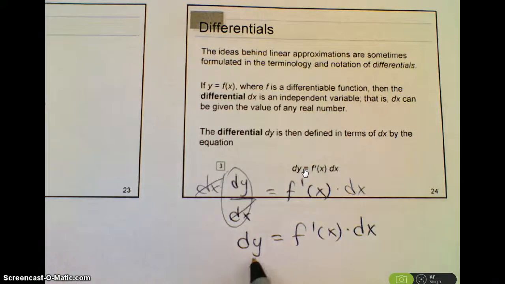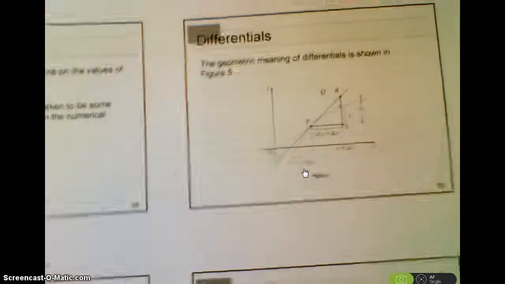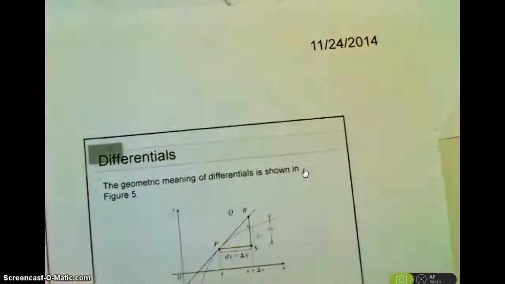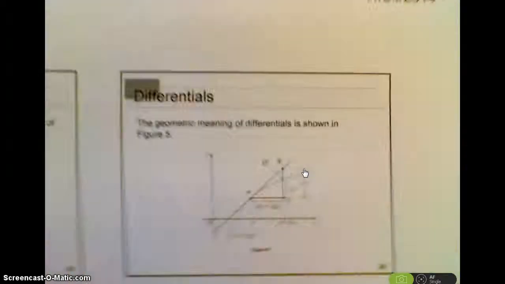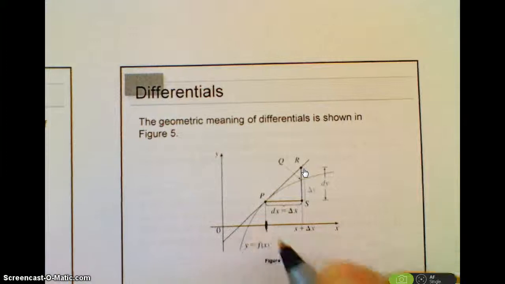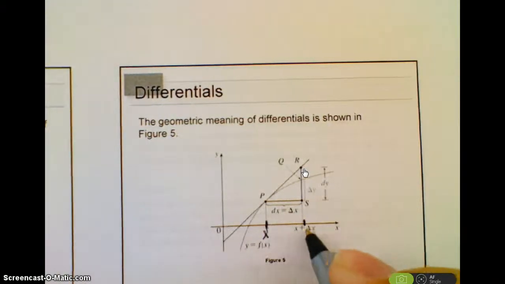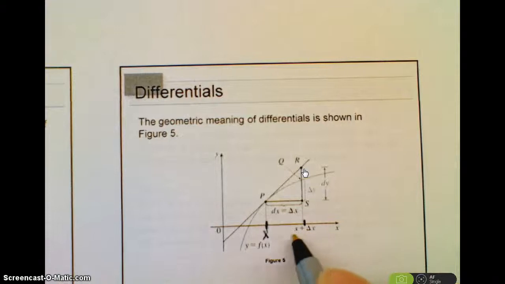And so what would be the difference between dy and simply the change in y, or delta y? If we see it in this picture graphically, the change in y occurs when I have an original x, and then I move away from this x some small distance that I'm going to call x plus delta x, a small change in x.